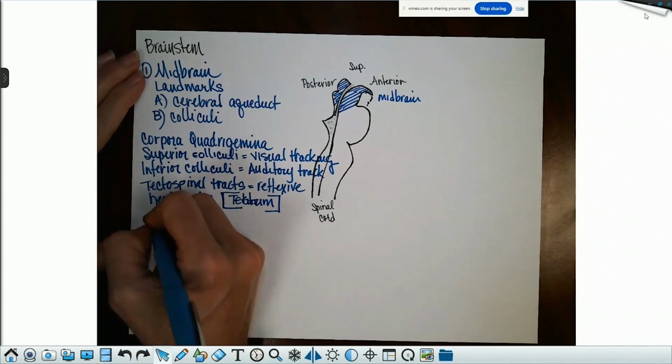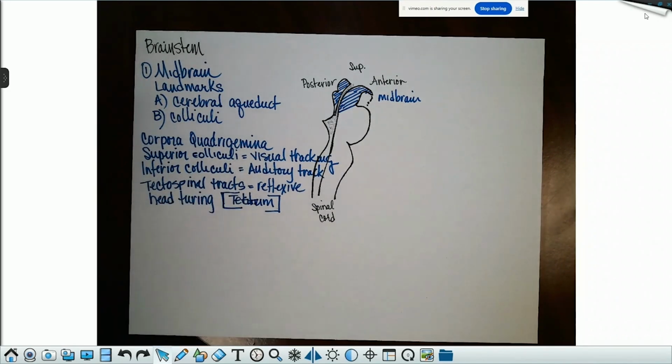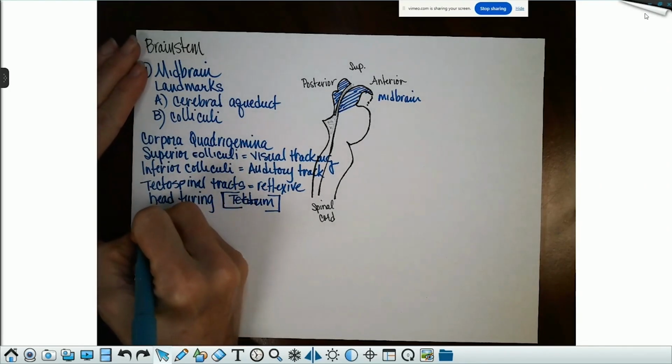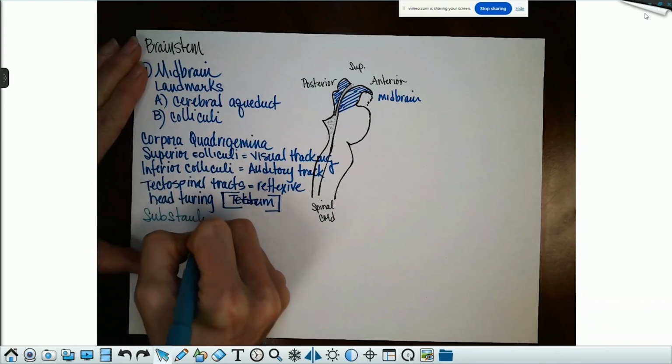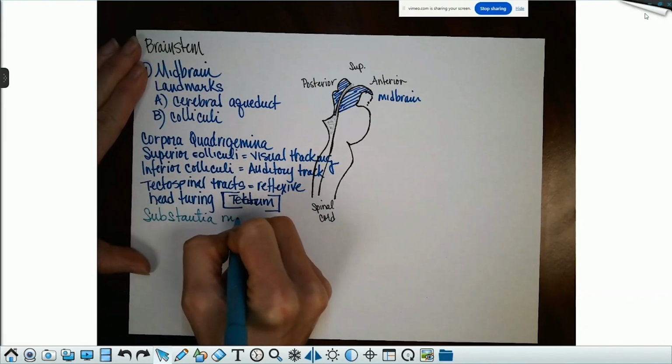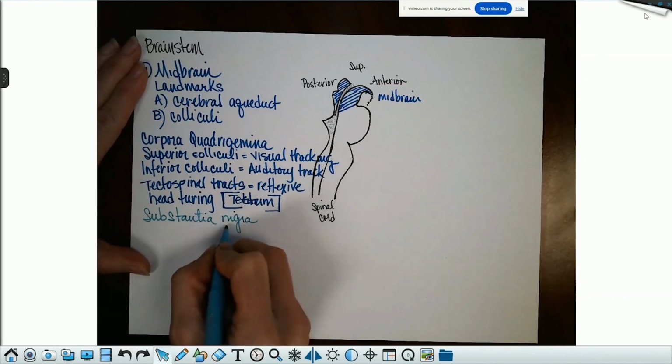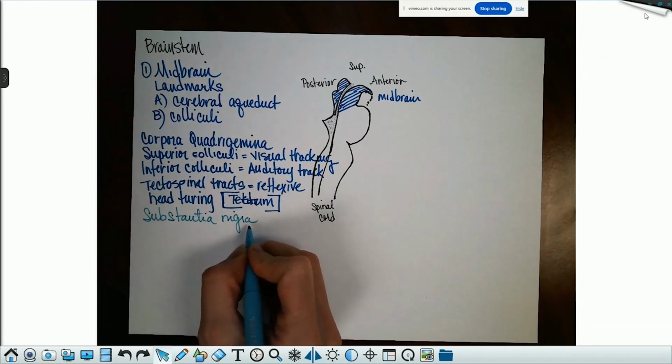There's another place in the brainstem, in the midbrain. It has a very specific name. It is called the substantia nigra. This word means black. Why?